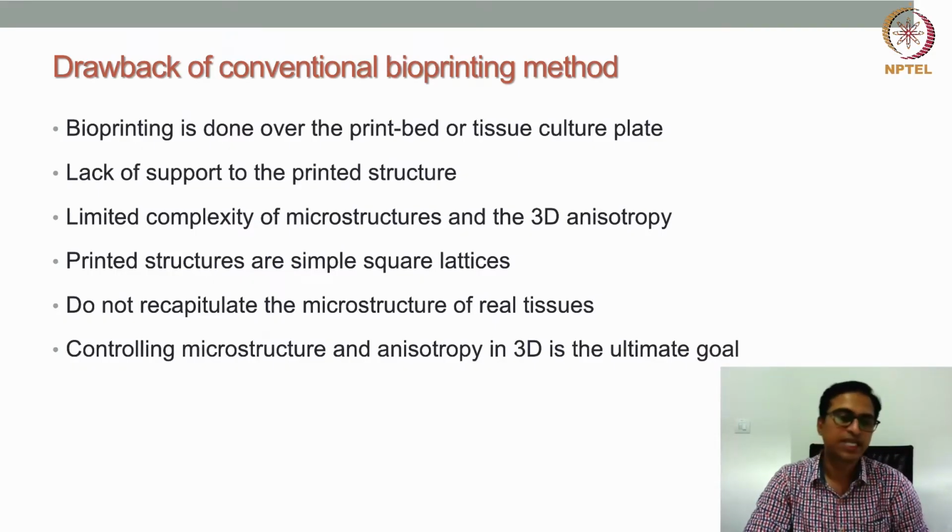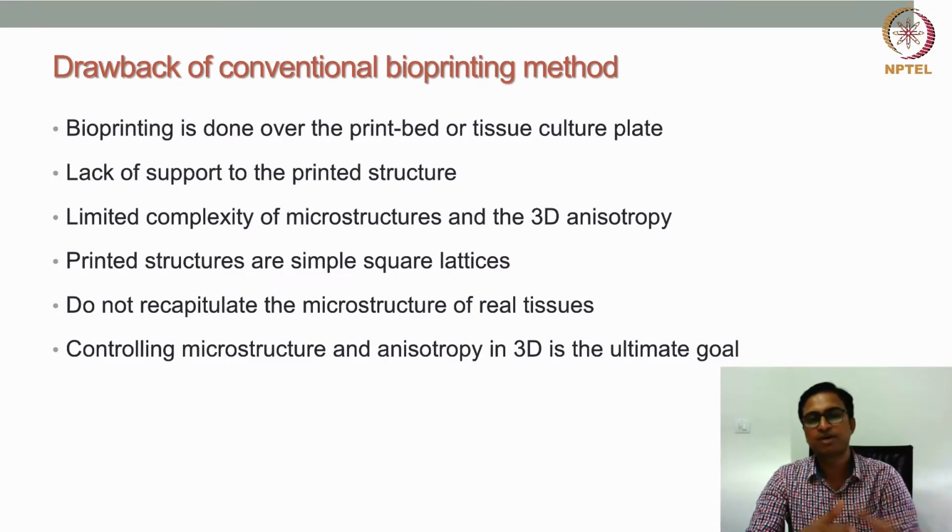So due to that, if you see in literature, the structures made with conventional bioprinting methods are mostly very simple. They have very limited complexity of microstructure and 3D anisotropy present in those structures. But the real native tissue, where the microstructure is very complex, has a 3D anisotropic structure.